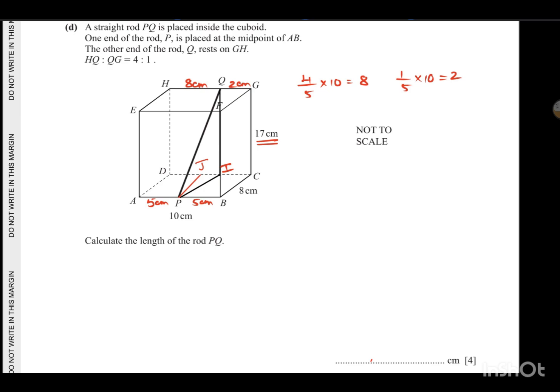PJ is the width of this cuboid, which is 8. And what is JI? JI is this gap, which is, now if I see CI, it is 2 centimeters. And if I see JD, it is 5 centimeters. So what is left in between? Because it is completely 5, so this parallel side will also be 5. So 2 plus 3 will be 5. So this is 3 centimeters in between.